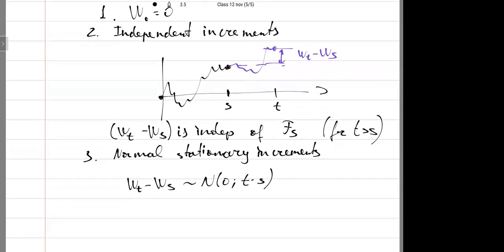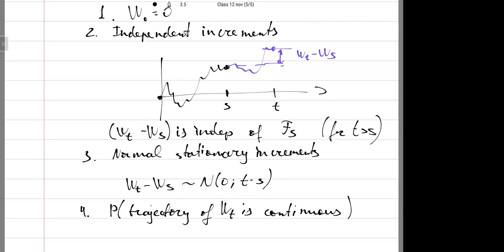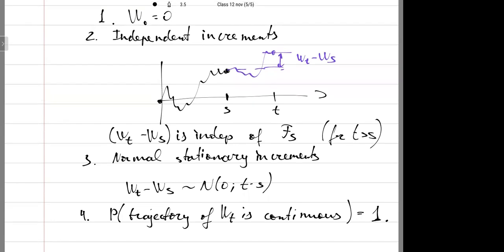And finally, the fourth property says that the probability that the trajectory of Wt is continuous is 1. Okay, these are the defining properties of Wiener process.